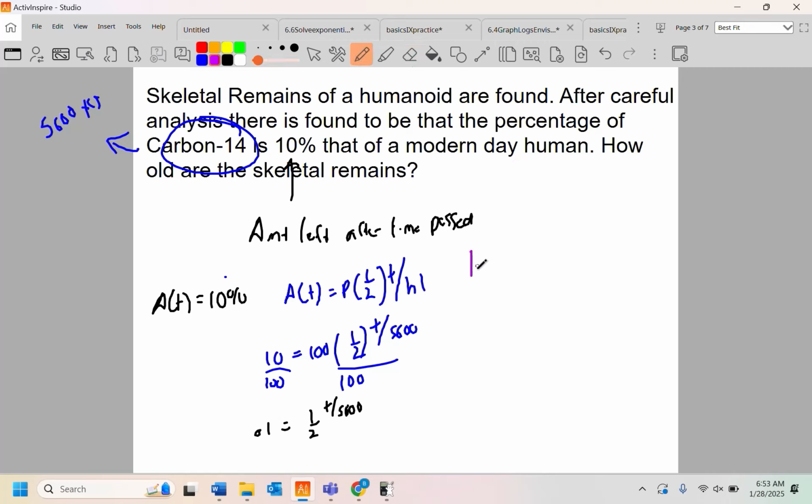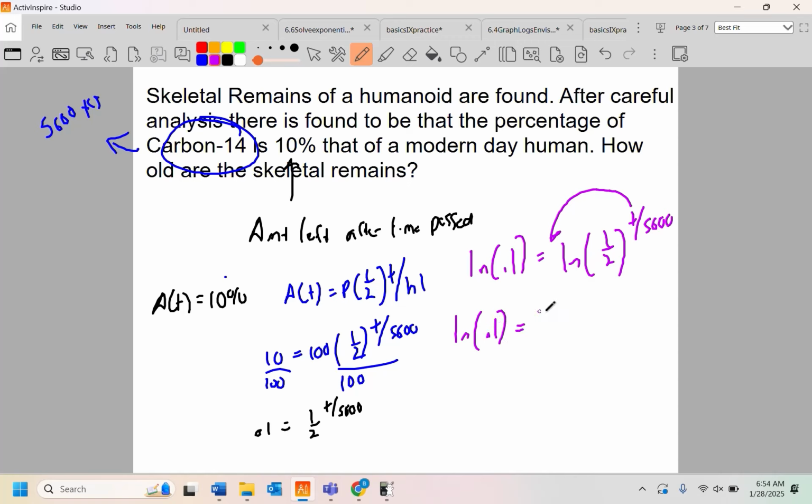So the natural log of 1/10 is equal to the natural log of 1/2 to the t over 5600. Remember, you're allowed to move exponents out front. The natural log of 1/10 is equal to t over 5600 natural log of 1/2.